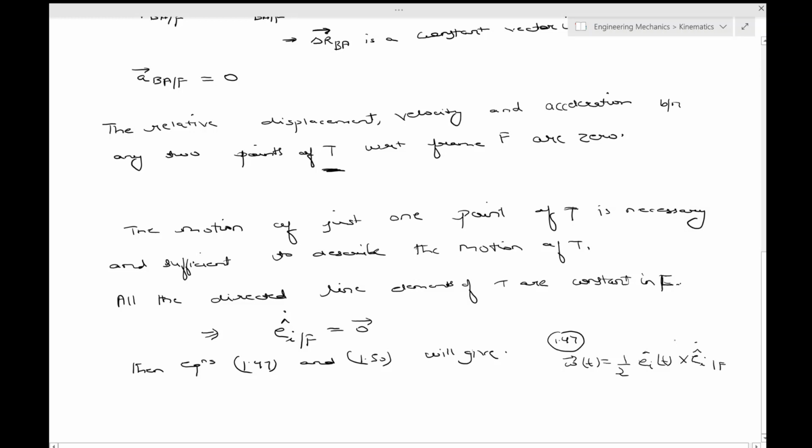Okay, and 1.50 over here is what, any vector in the f frame is equal to any vector in the m frame plus omega m by f into, so 1.50 is this. Let's see now what we get out of it.